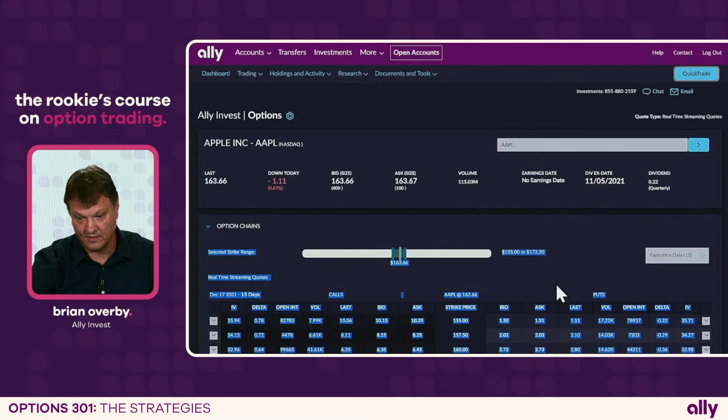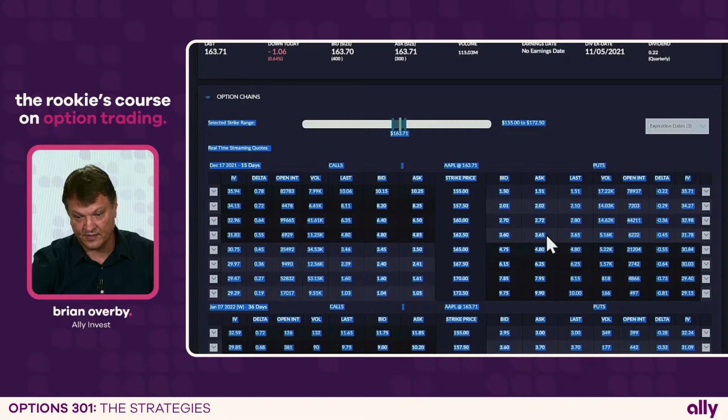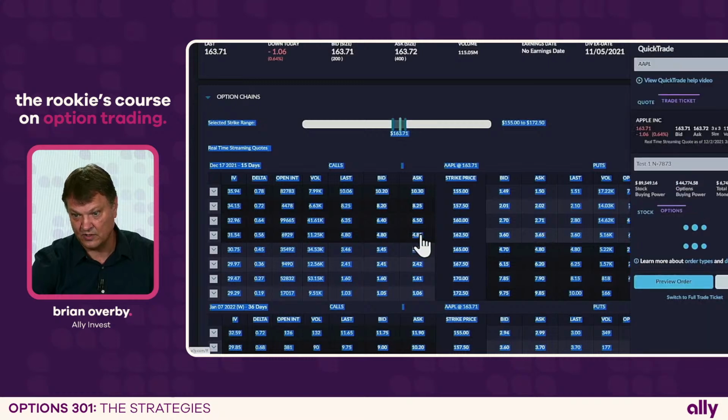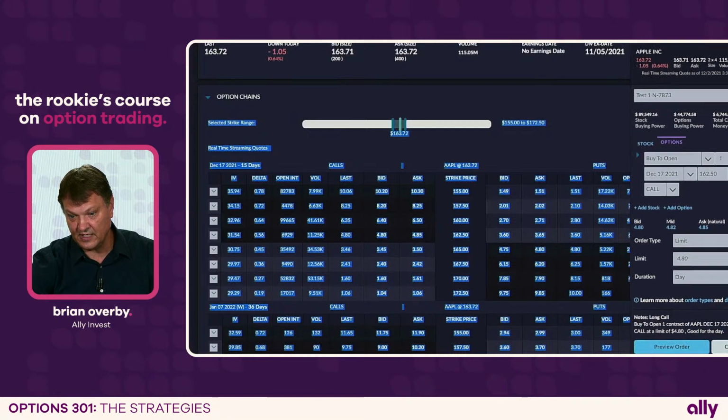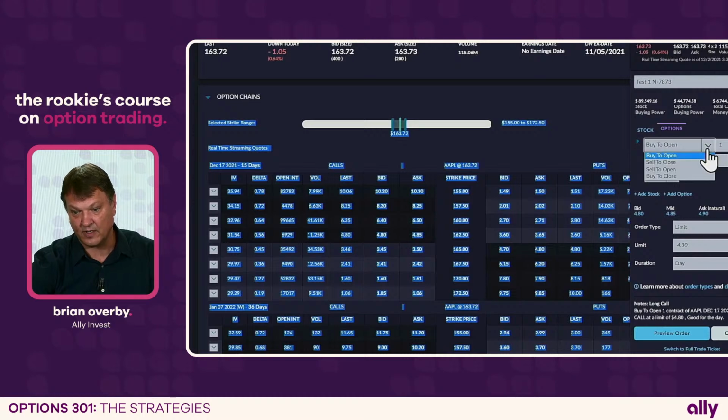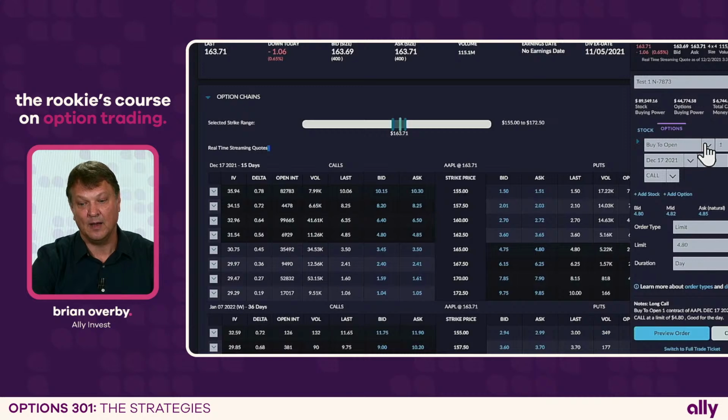One second here. I am going to hit this, not meant to be a recommendation. And you will see on the drop down here, we have buy to open, sell to close, sell to open, buy to close. I've mentioned it many times, and I do know that with rookies, I want to say things in many different ways and highlight them in many different ways overall.